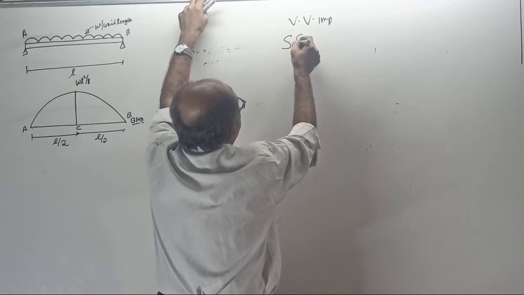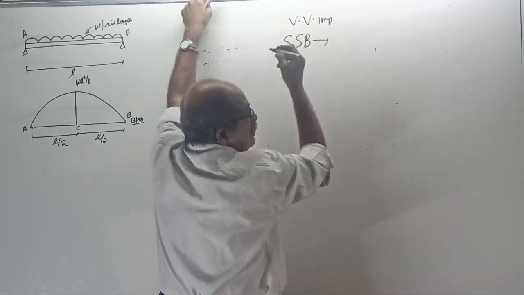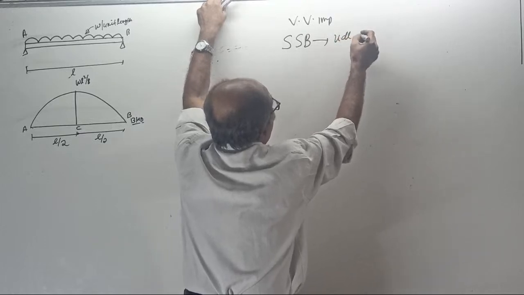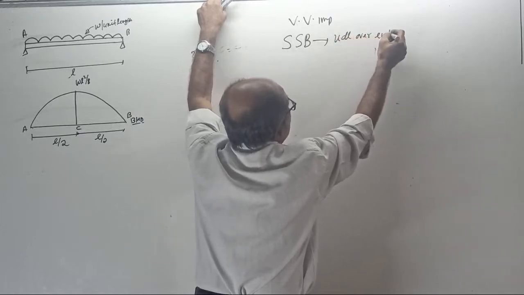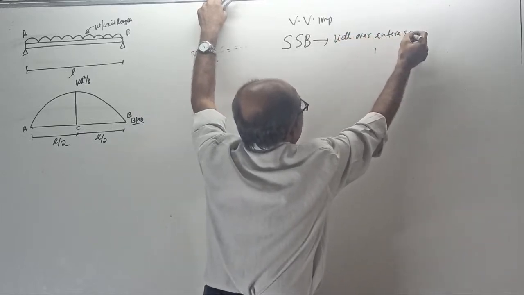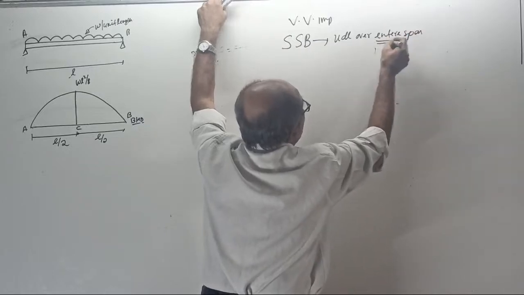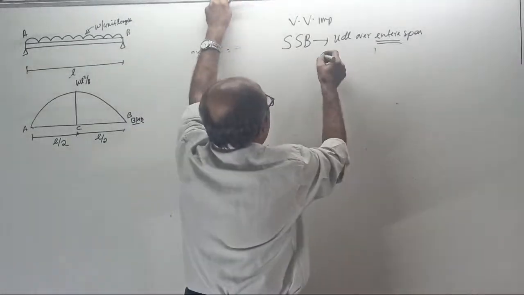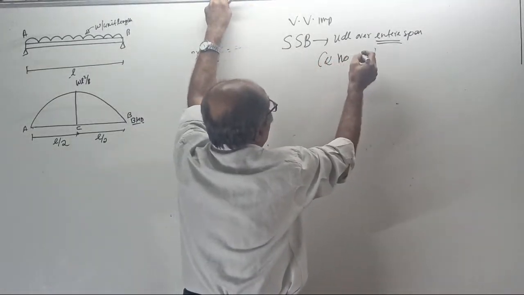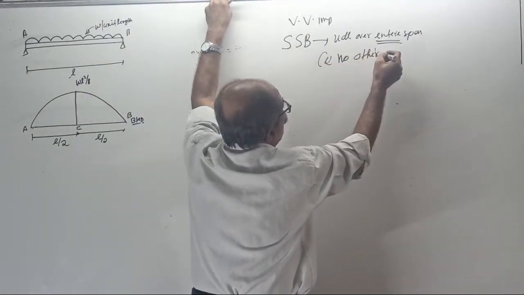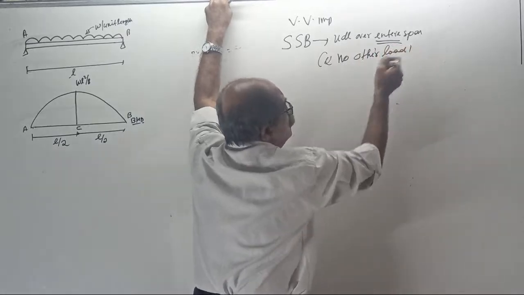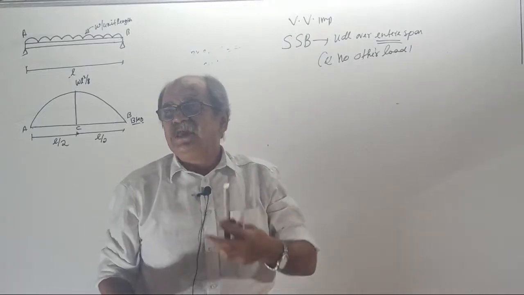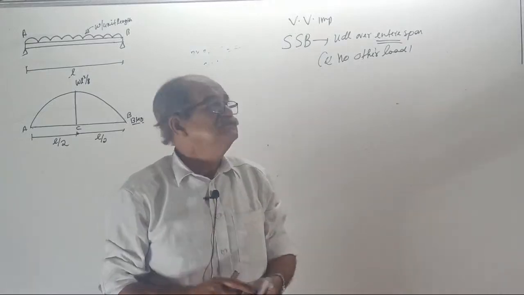Simply supported beam. Only simply supported beam. UDL over entire span. Entire span. Remember, no partial UDL. And no other load. You should not have any other load. If any other load is there, equation for BM will change.